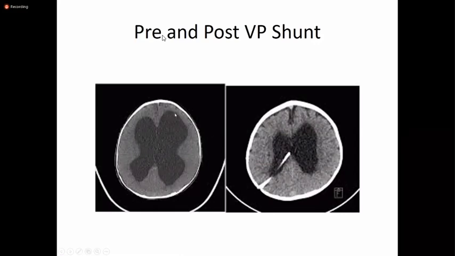This is a dilated ventricle. Sulci are completely obliterated, although there is no significant periventricular lucency. So this is the pre-op scan, before the VP shunt. This scan is after the VP shunt.